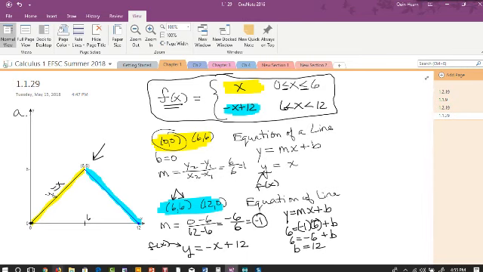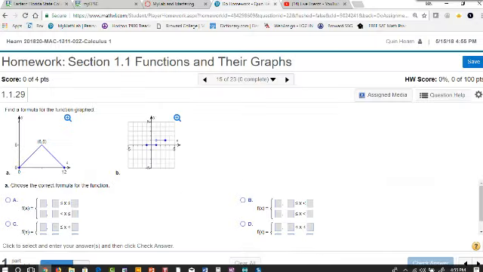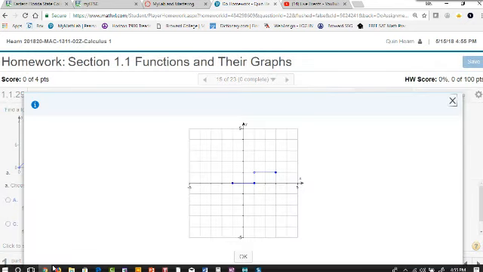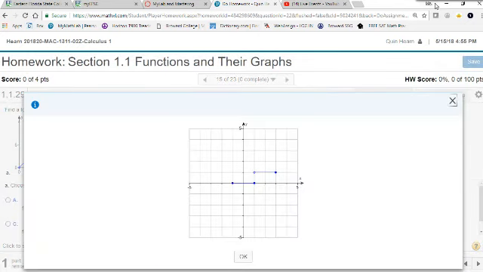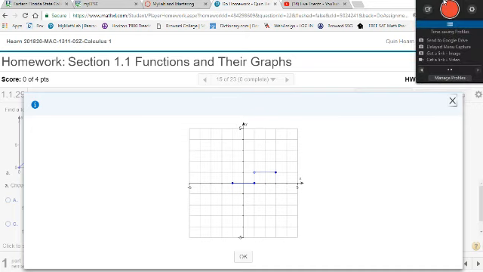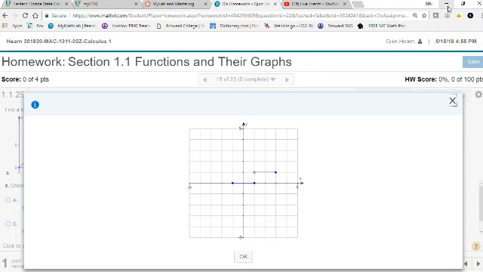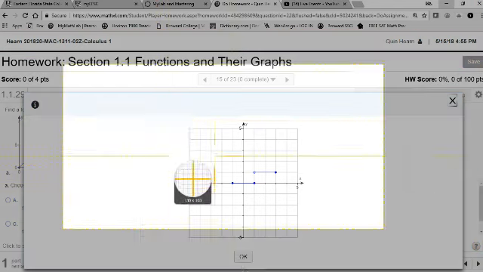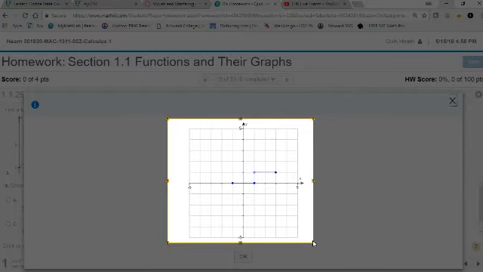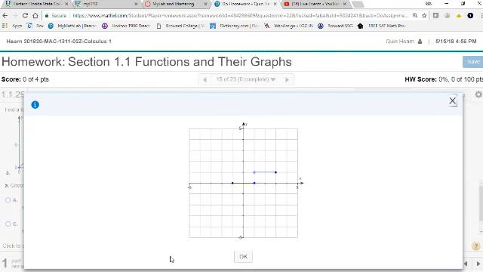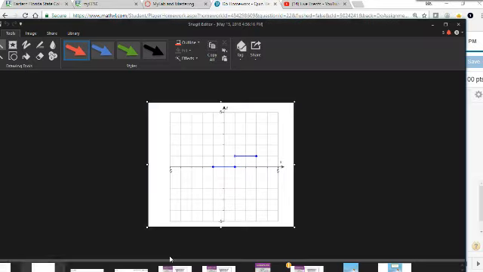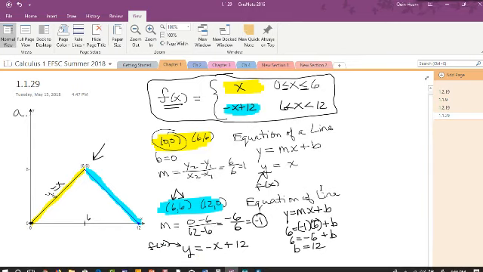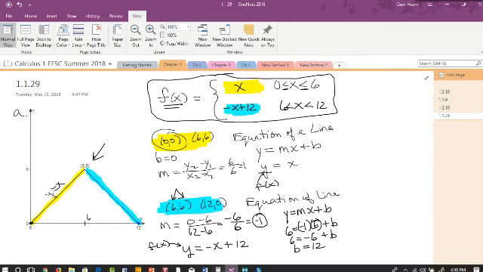Meanwhile, I'm going to look up part B here. Oops, no, it's the same one, that's right.